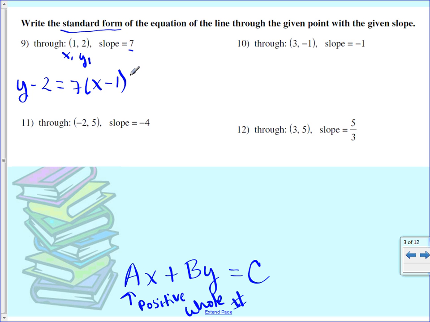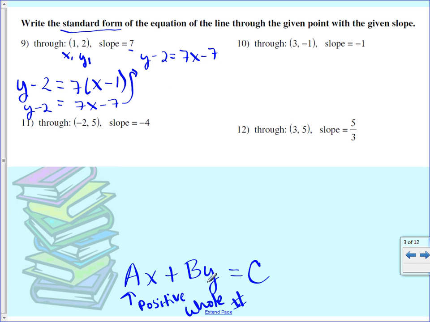Now I can distribute the 7 into my parentheses. So now I have 7x minus 7, and I'm going to bring this y minus 2 down here. Y minus 2 equals 7x minus 7.